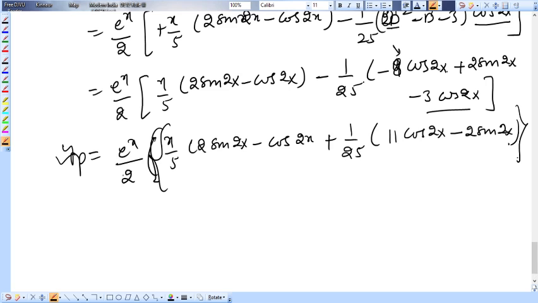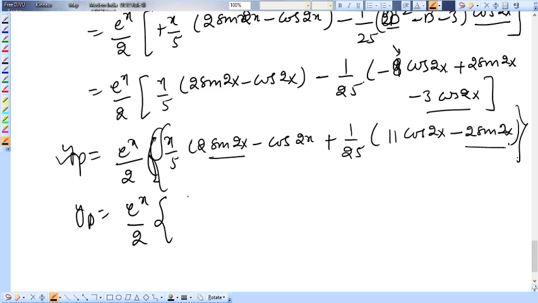Now this can also be simplified a little bit more. Okay, a little bit more simplification is possible in this case again. So like we can bring together sin 2x and this sin 2x.